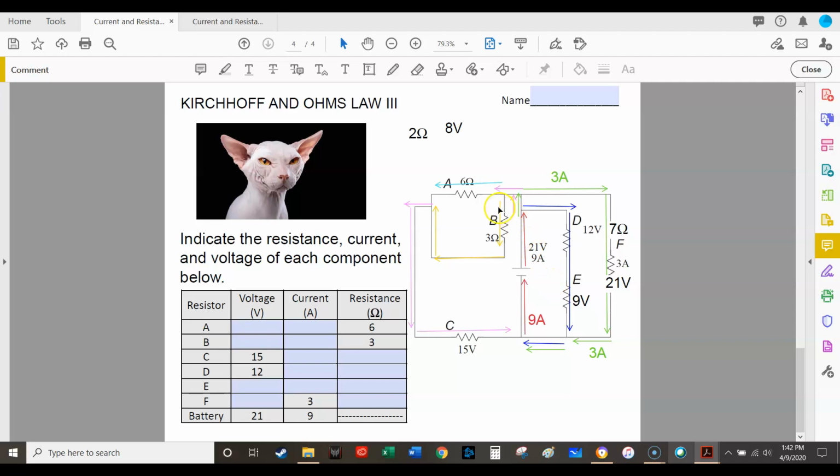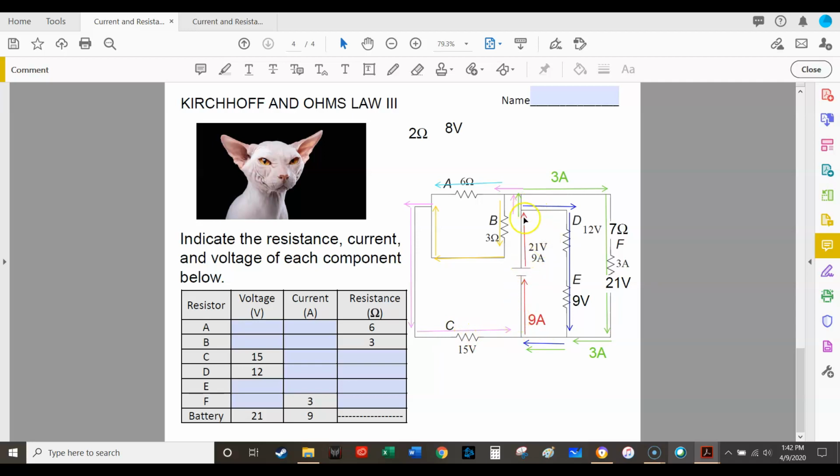All right. Let's try something else. We've gone as far as we can with D and E, and we've completed the green, F. Let's head and do the pink branch. Now, all of this is in parallel with our battery, because again, red has split up into pink, which is then split up into a subparallel branch, then joined together to pink again, gone all the way across C and back into here.